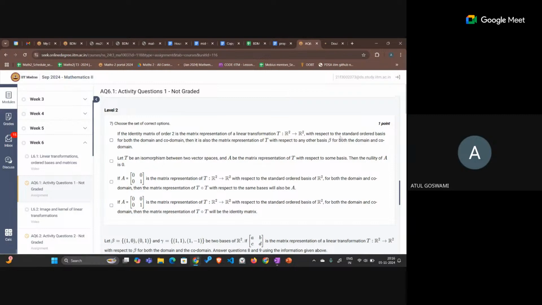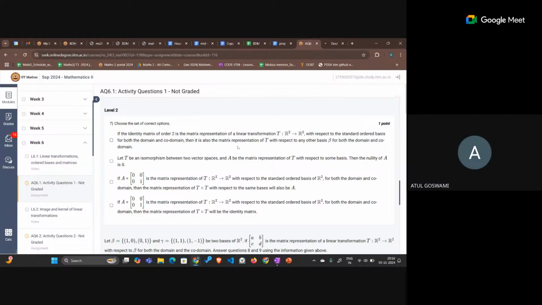Is that true or not? If you take this set of vectors as the basis, then the matrix would be different. The linear transformation matrix would be different. So that's why we call it an ordered basis. Even if the order is changed, the matrix will change.